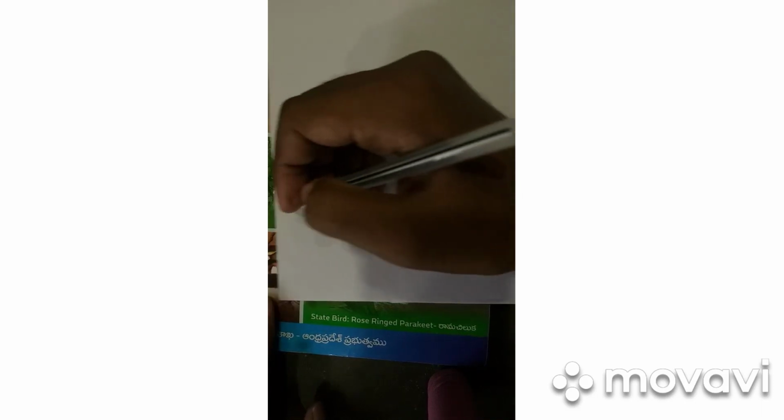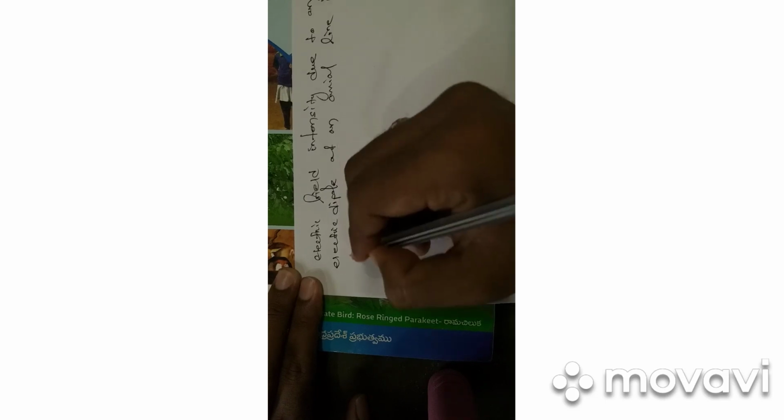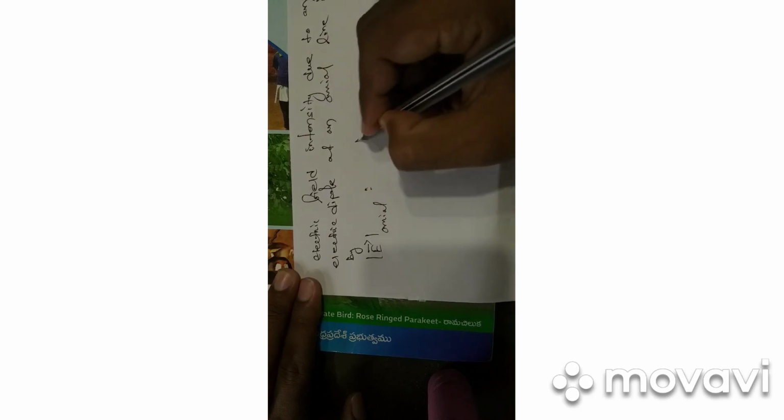Here we write electric field intensity due to an electric dipole at an axial line is given by E vector mod axial equal to 1 by 4 pi epsilon 0, P represented as P cos theta, by r cube.